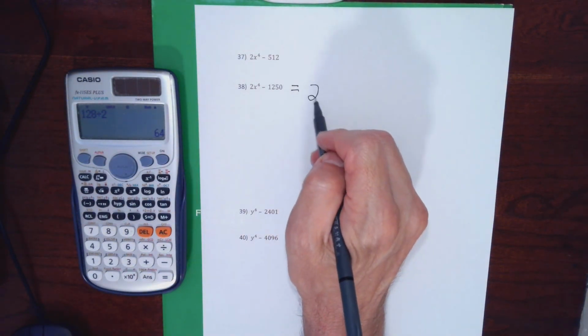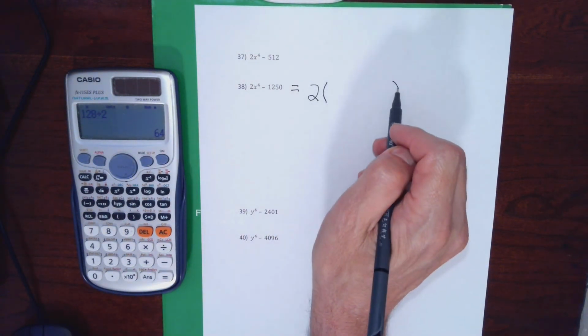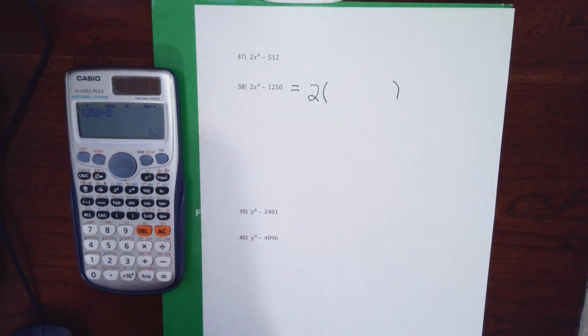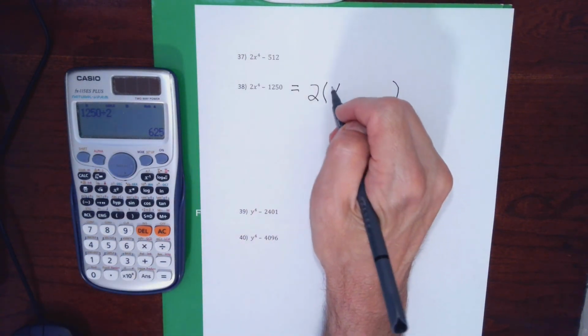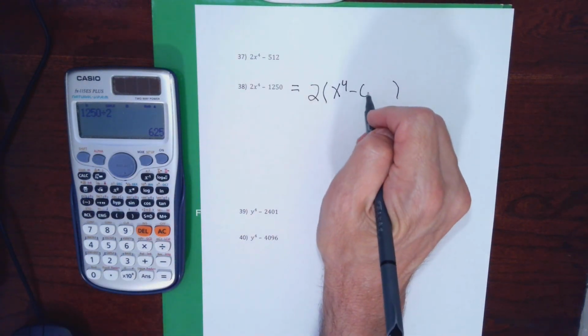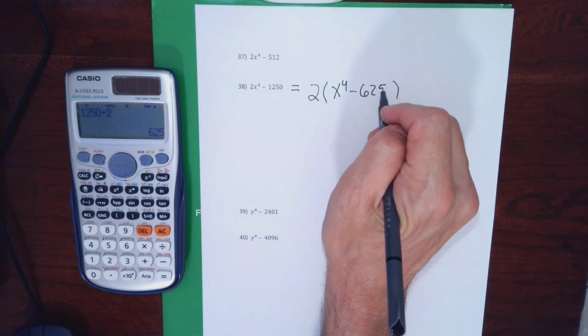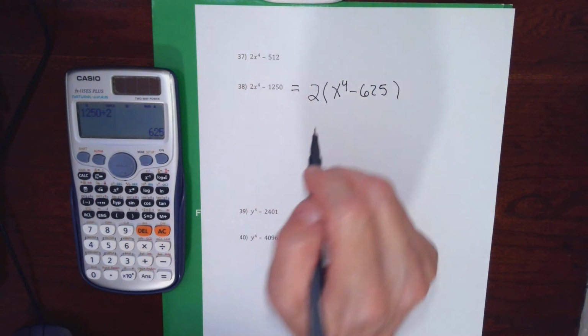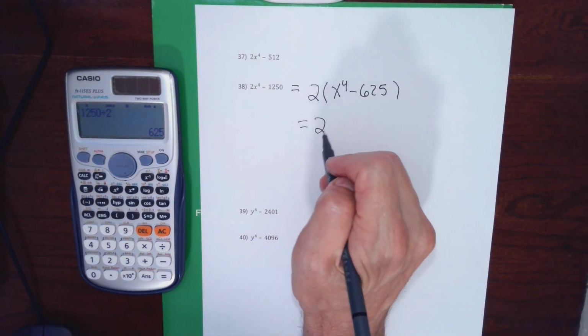In number 38, I'm going to factor out a 2 because both 2 and 1250 are divisible by 2. And when you factor out a 2, I'm going to be left with x to the fourth minus 625. Anytime I see a difference of squares with an x to the fourth and a particularly large number after the minus sign, it's probably a double factor problem.